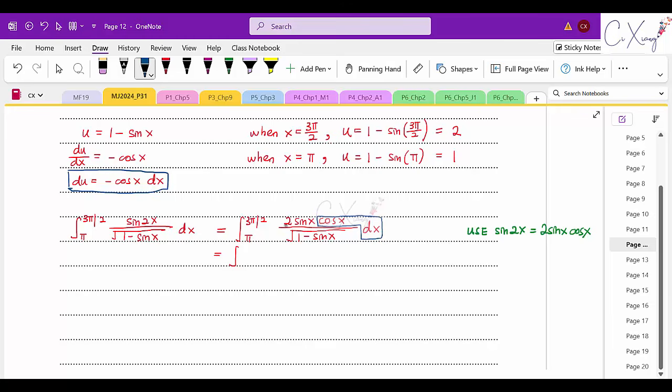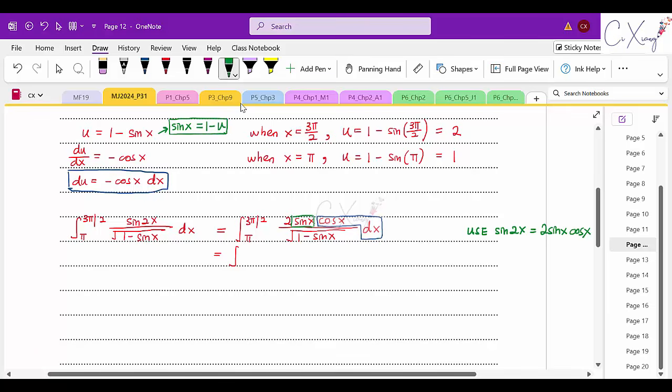Alright, then after that, for sine x, I can replace it by using sine x equals 1 minus u. Green color one. Okay, then 1 minus sine x is very straightforward. It is actually the u.